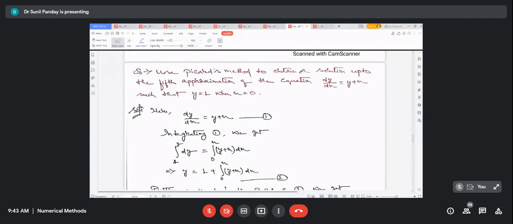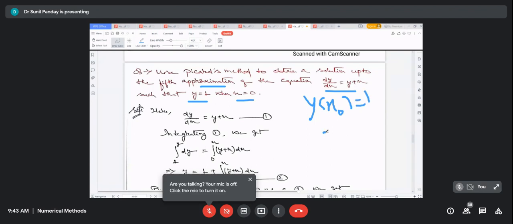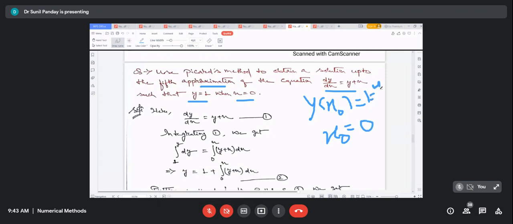So we'll see one problem. Use Picard's method to obtain a solution up to the fifth approximation of the equation, with the initial condition that y equals 1 when x equals 0. So y at x naught is given as 1, and here x naught equals 0, and this one is y naught.